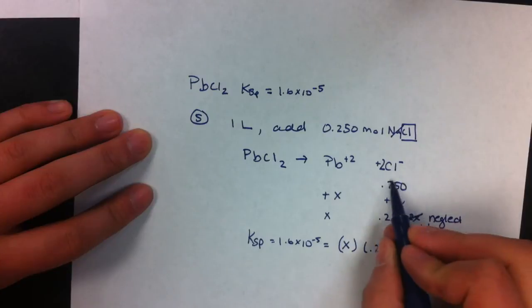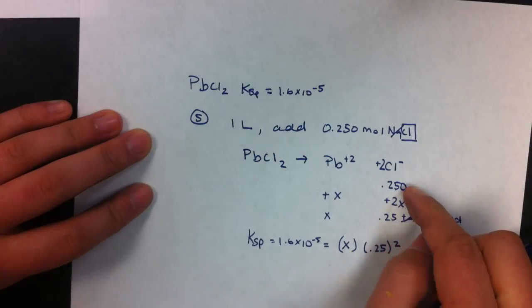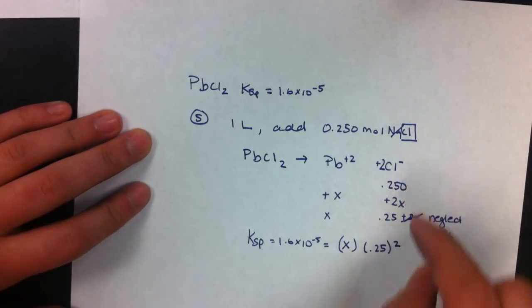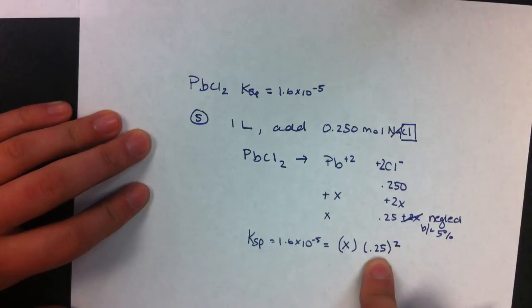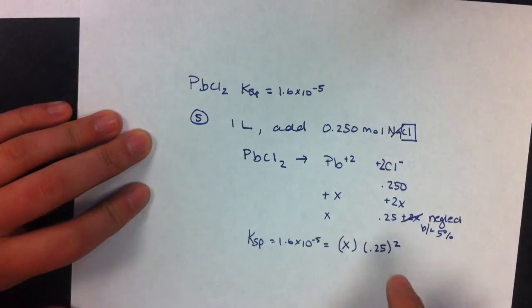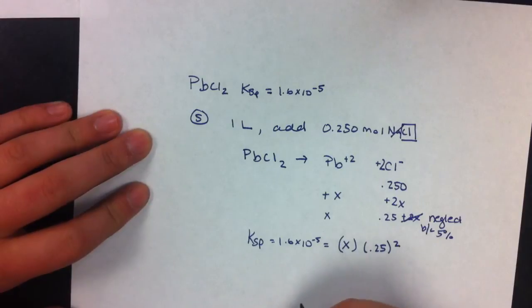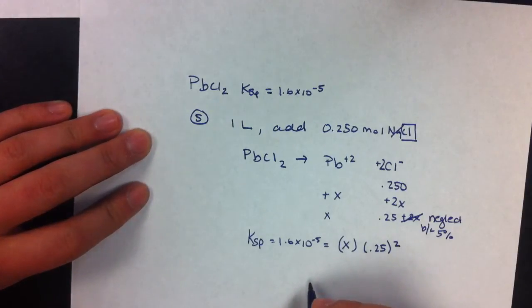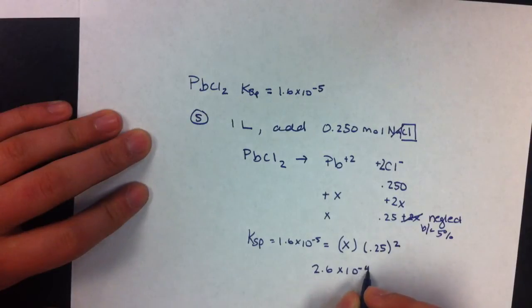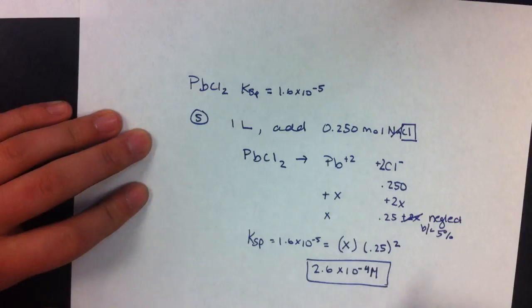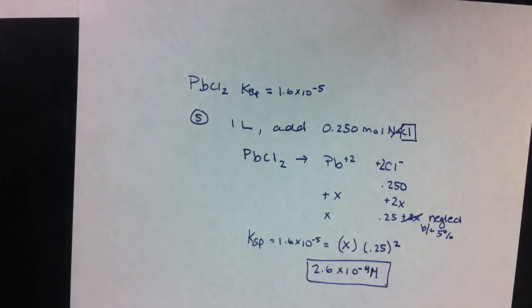It's because the 0.25 is what's in the beaker, so that number has to go there. So the amount of lead that will be allowed to dissolve in this situation is 2.6 times 10 to the negative 4th molar, because it had to adjust with too much chlorine.